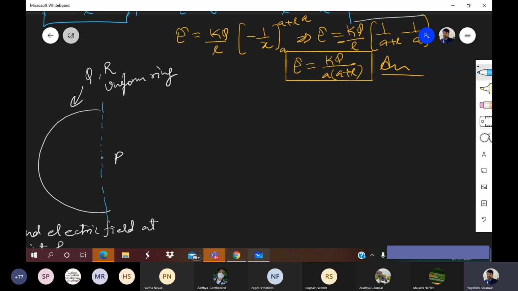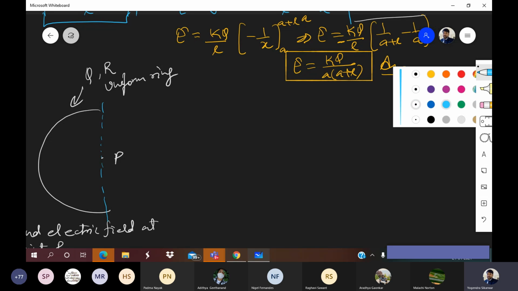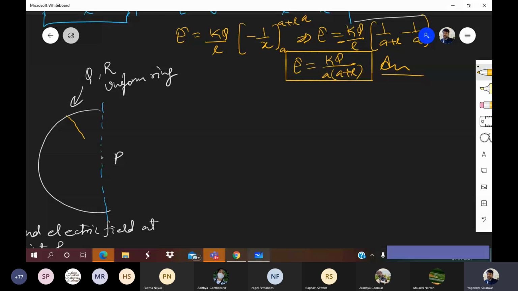So this is the situation. Now we are going at an angle theta and taking an element d theta. Now the charge on that is dq. Due to this dq, the electric field at point P will be dE, and dE will be k dq upon capital R square.